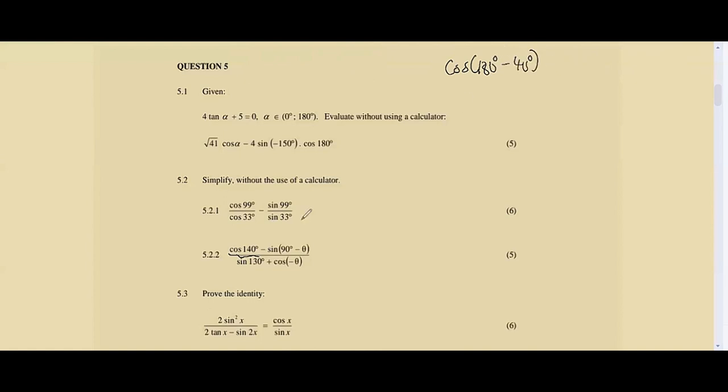And then the cofunction for this one changes to cos theta, over sine 130. This will be sine 180 degrees minus 50 degrees. And then this is positive cos theta because cos of a negative angle remains positive.